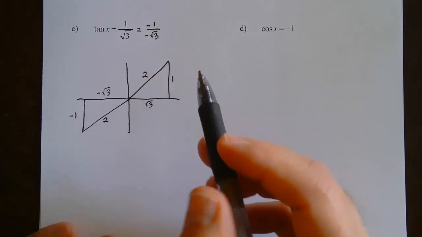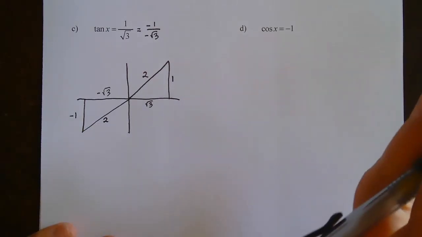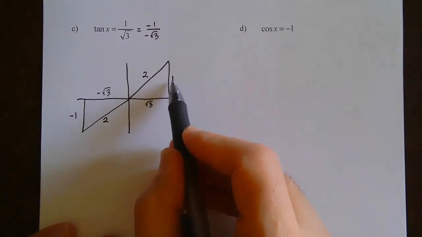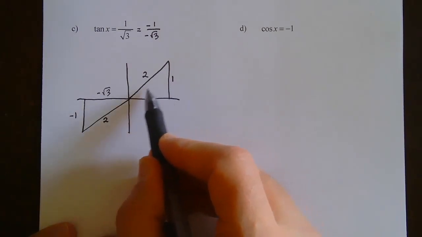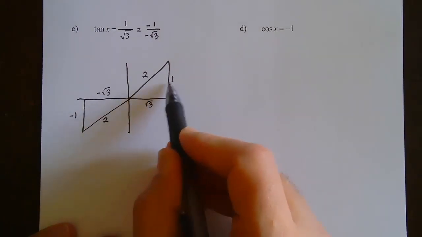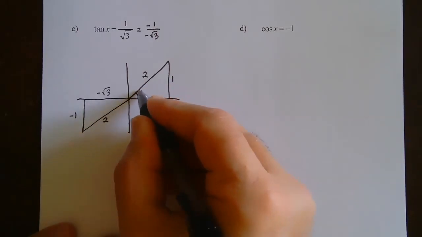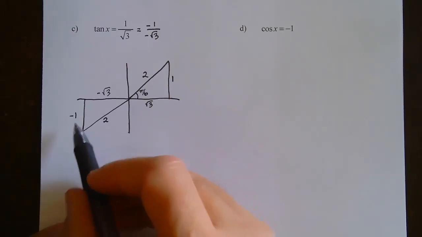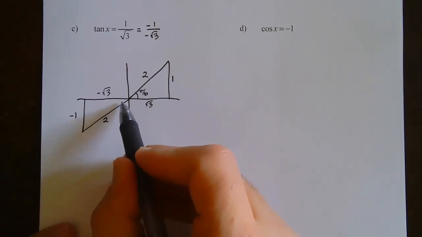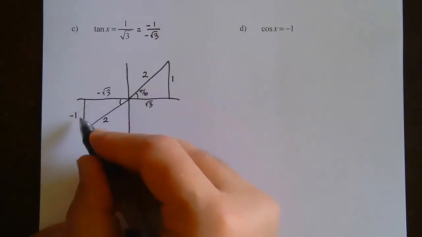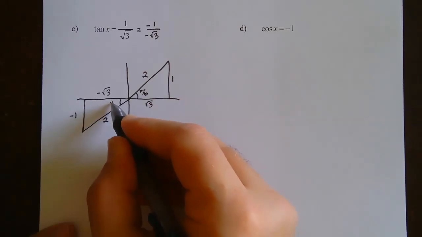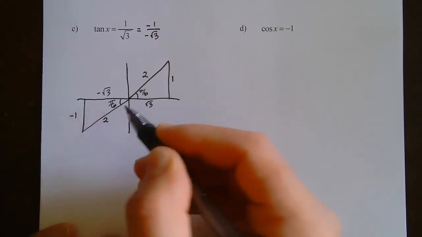Okay, so this is a 30, 60, 90 right triangle. So what angle is opposite the 1? It's always pi over 6. So this angle right here is pi over 6. Our reference angle right here, it's opposite this 1, which is, again, pi over 6.